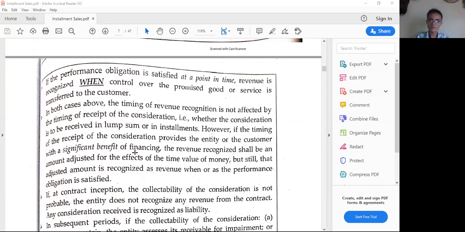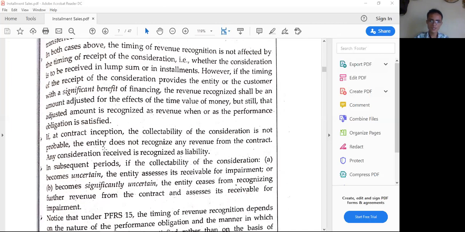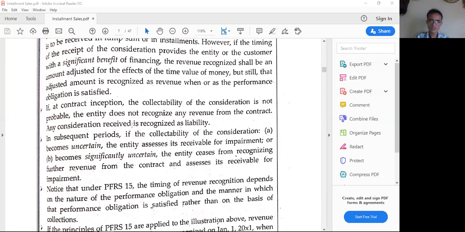If it is interest bearing, the present value is the face amount. Then this part here talks about collectibility. If it is not probable, then we are not going to recognize any revenue yet from the contract. So initially, it's going to be deferred gross profit. So this is where the installment sales method is going to be applicable.